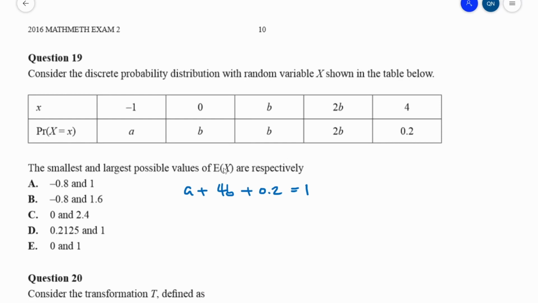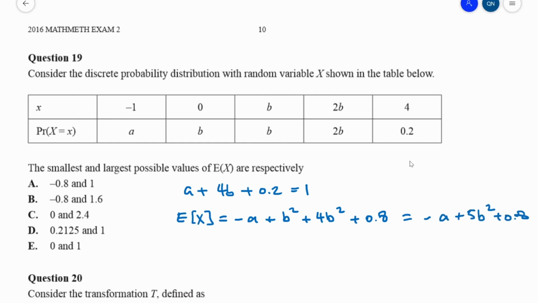So let's write down E(X), just so we know what we're working with. E(X) is equal to negative a, plus b squared, plus 4b squared, plus 0.8. I just took the product of each column and added it together. That's equal to negative a plus 5b squared plus 0.8.